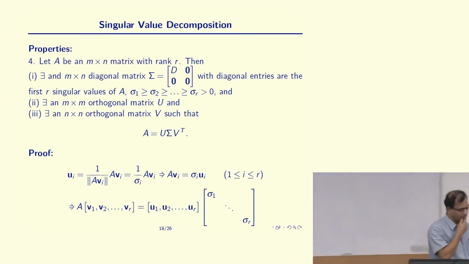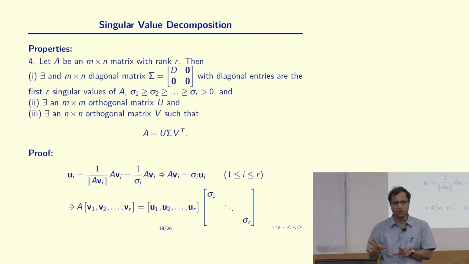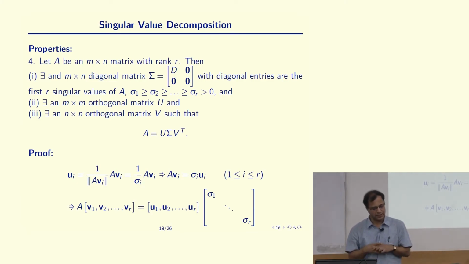So this is part of the singular value decomposition, but here A is of dimension m by n, and this matrix V1, V2, Vr is n by r.